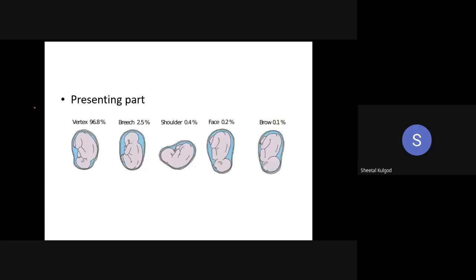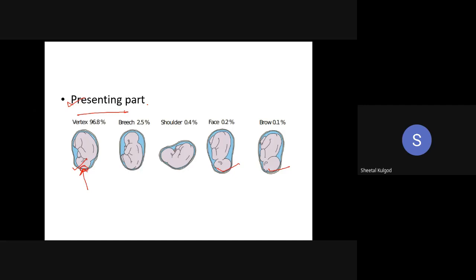Then again, there is something called as presenting part. So the presenting part is again a part of the presentation, in the sense, in case of cephalic presentation, the different part of the fetal skull can present. It could be vertex, or it could be face, or a brow. So this is the presenting part. Presenting part is defined as the part which is felt first on doing an internal or a PV examination.